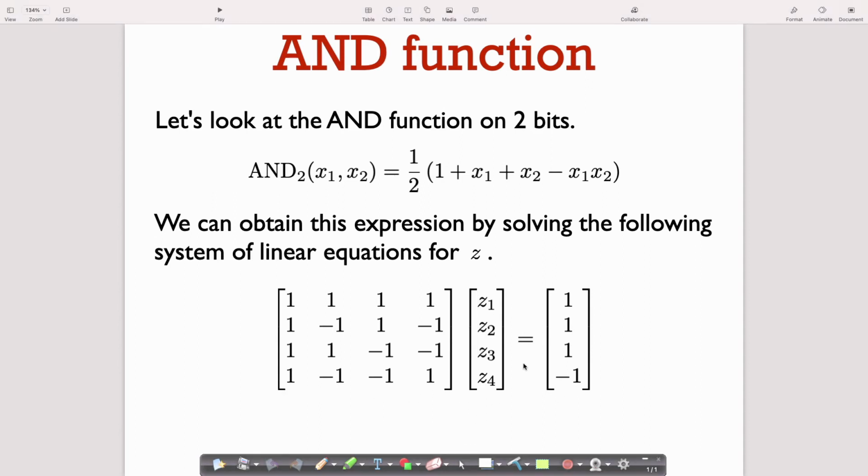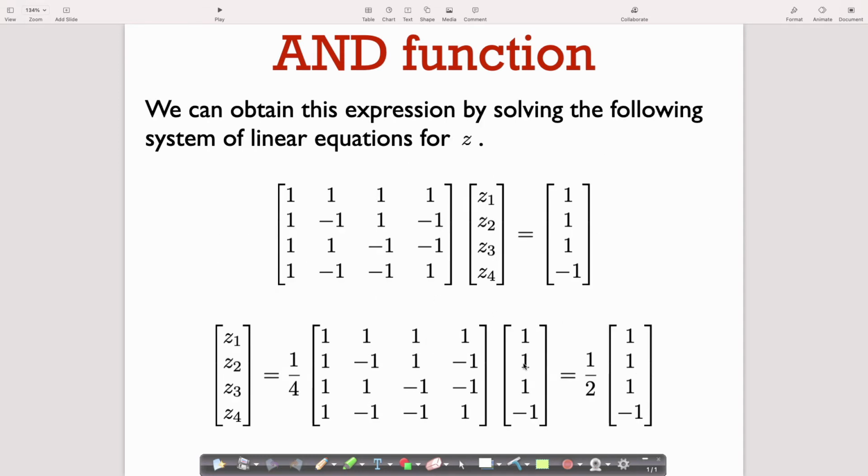And we can solve this simply because we know the inverse of this matrix, right? So the inverse of this matrix is again a Hadamard matrix, up to some different normalization, and so we can just multiply by the inverse to get our coefficients here. Okay.